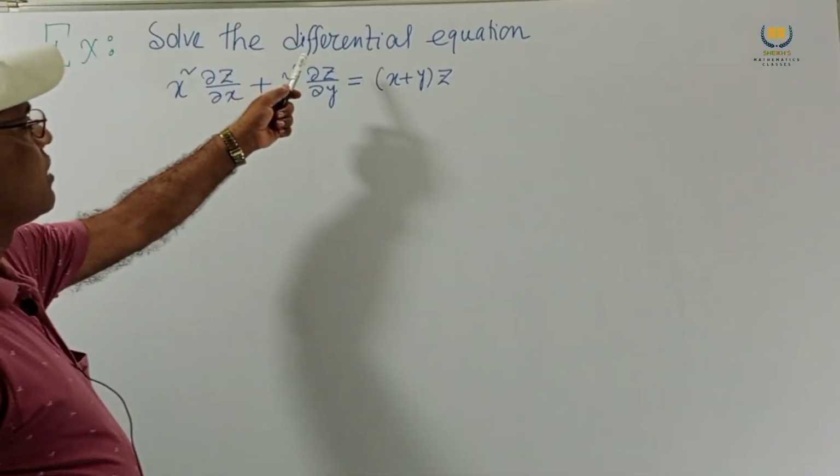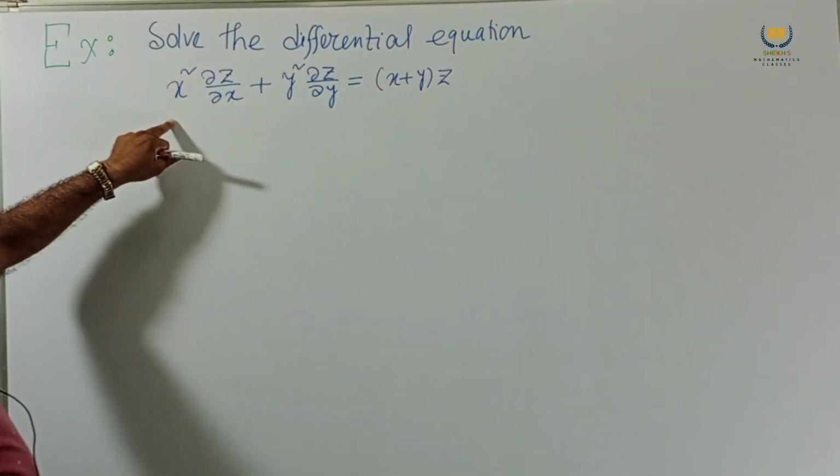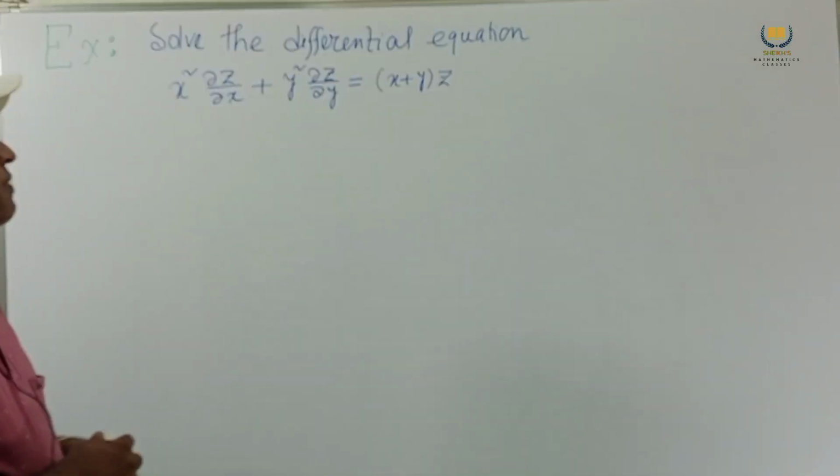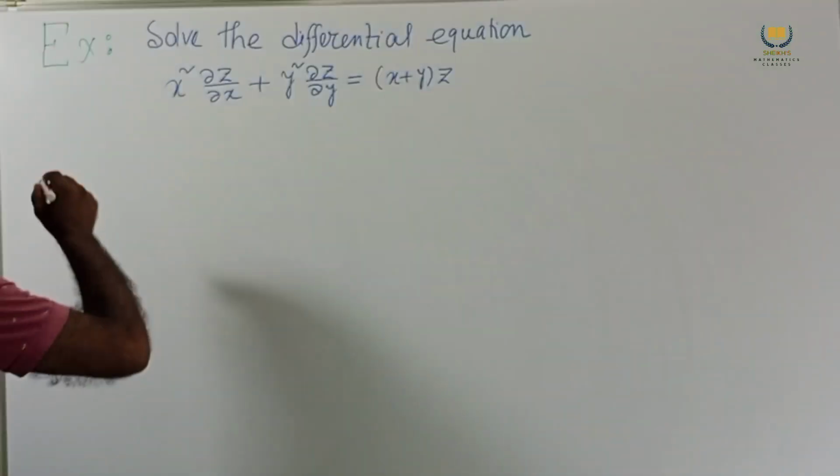Solve the differential equation x squared ∂z/∂x + y squared ∂z/∂y = (x + y) z.